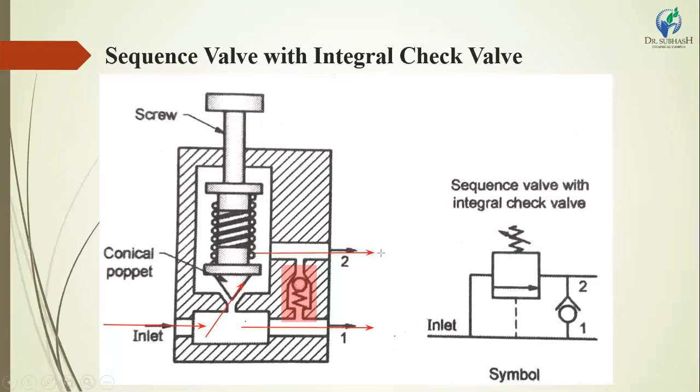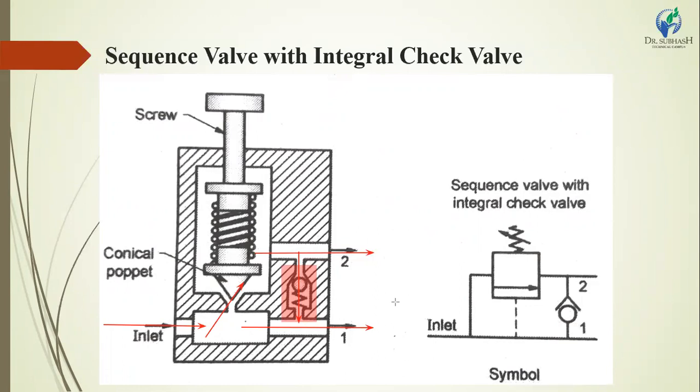If the pressure increases at point 2, when the second cylinder is completely extended, the hydraulic oil passes through this passage, and it can balance both cylinders at the same pressure. The main purpose of the integral check valve is to maintain both cylinders at the same pressure.